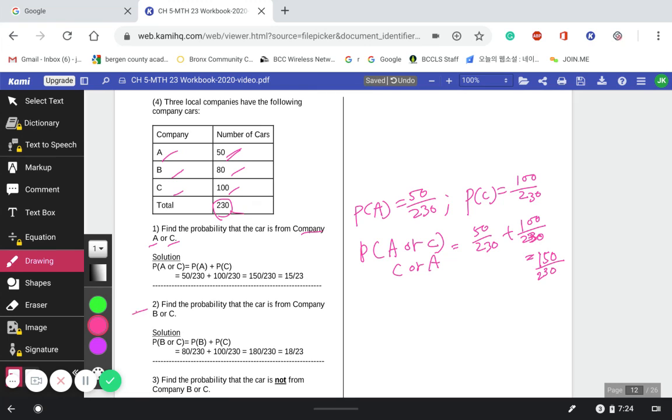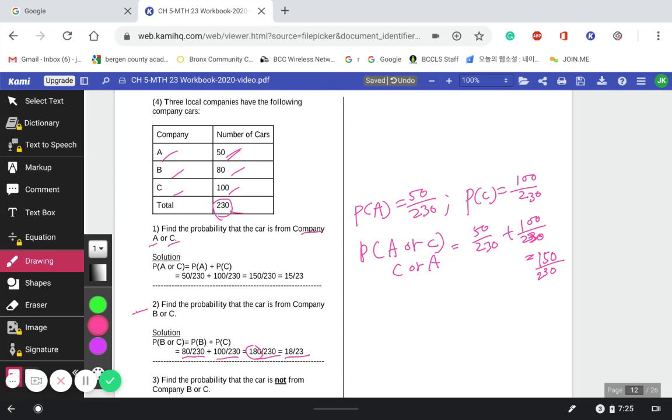Number 2, find the probability that the car is from company B or C. Again, B is 80 out of 230 and C is 100 out of 230. When you add with the same denominator, you just add the numerators. So it will be 180 out of 230.